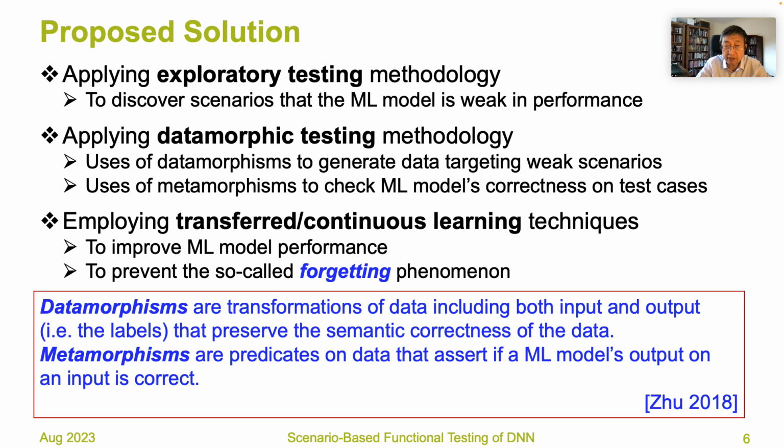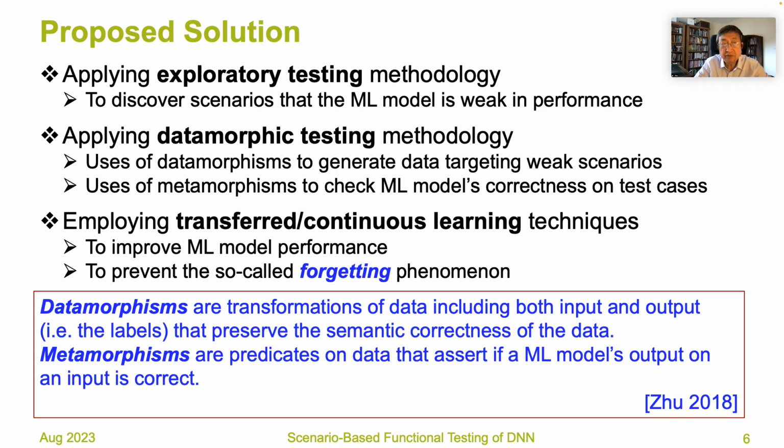These kinds of transformations preserve the semantics of the correctness of the data. The metamorphisms are the predicates on data that assert if a model is correct on a test case.